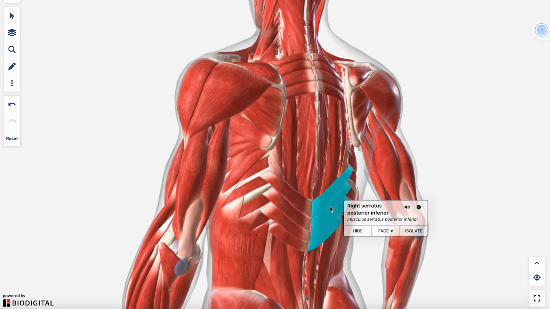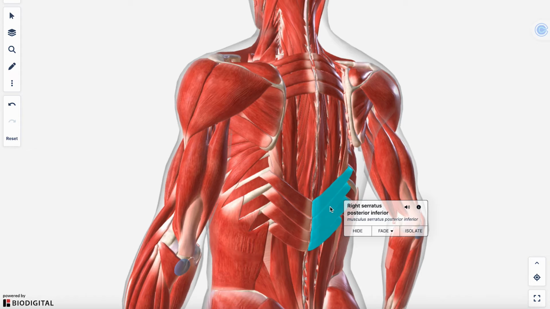But whenever we think about muscles that do not have a lot of cross-sectional area, or are not large force-producing muscles, they do have a purpose. And remember, muscles are a sensory organ too. They can contribute a lot of somatosensory feedback to the brain. Serratus posterior is one of those muscles because it's so thin.